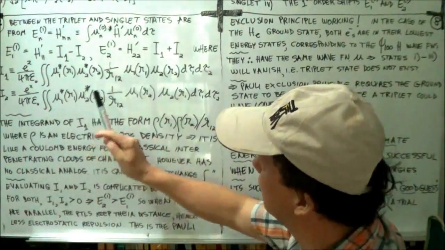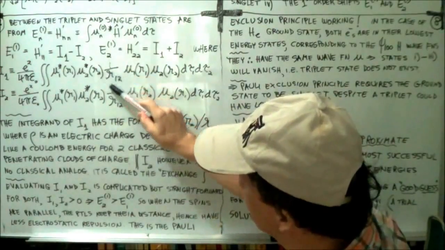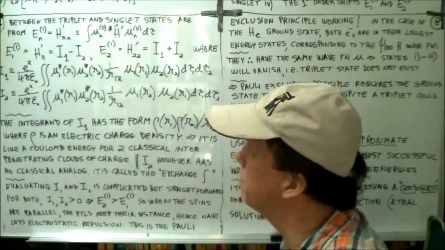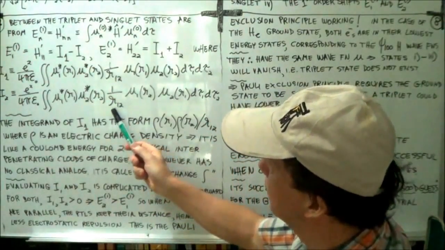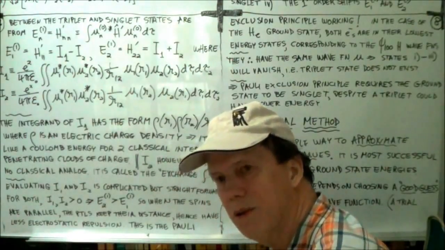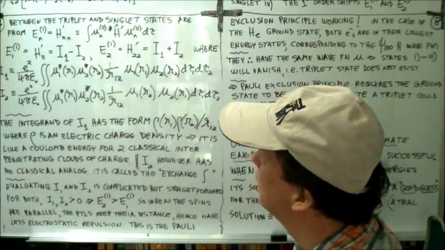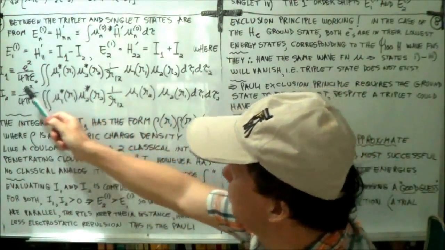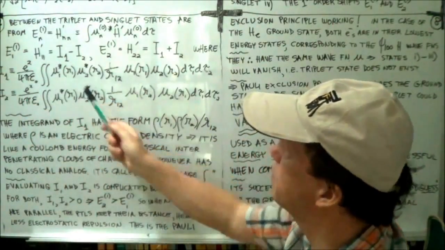For example, this term here, the perturbing Hamiltonian, H dashed, does not involve operators on the spin, has no effect on the spin. So you'll notice these integrals here, there's no mention of spin, right?